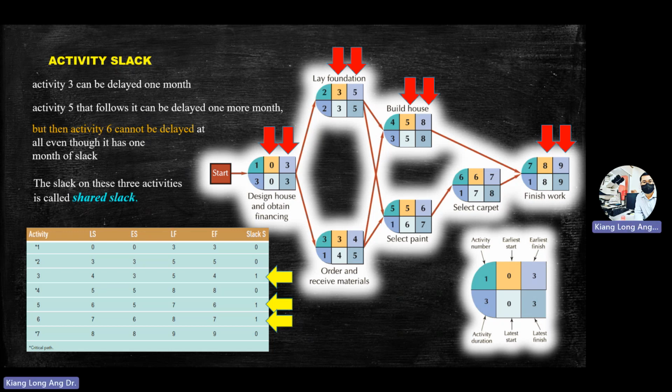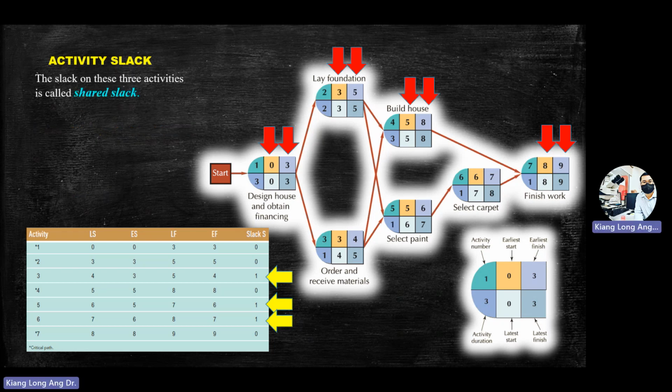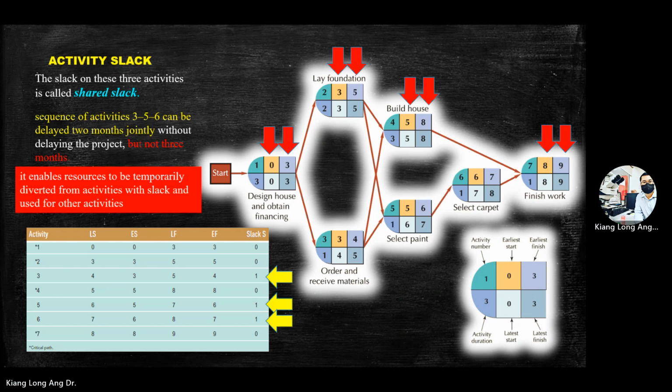Okay, then the rest you read. What is important is this: for example, activities 3, 5, 6 can be delayed 2 months jointly without delaying the project, but not 3 months. Although here you have 1 month, 1 month, 1 month, it is not 3 months, it is 2 months maximum, because they are shared activities.